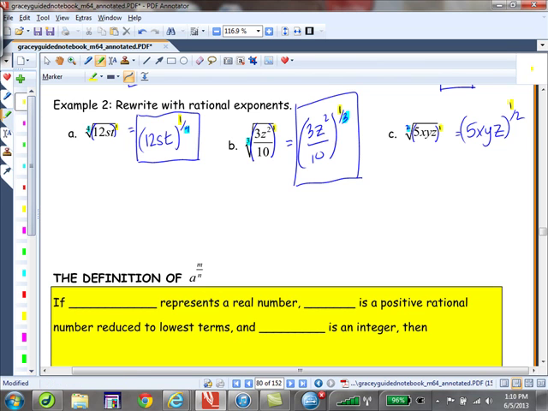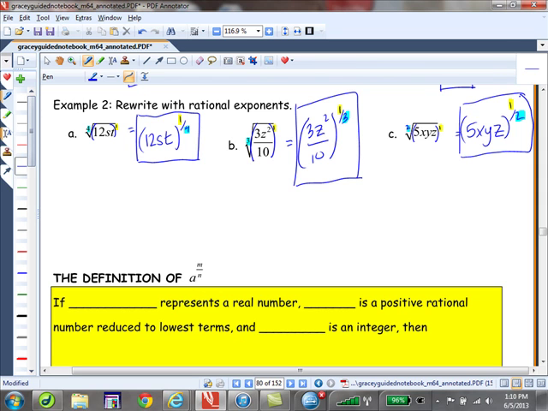Power over root. And hopefully you'll get to the point where this is seamless for you. When I see the square root of 9, that means the same to me as 9 to the 1/2. So that's where you should aspire to go.